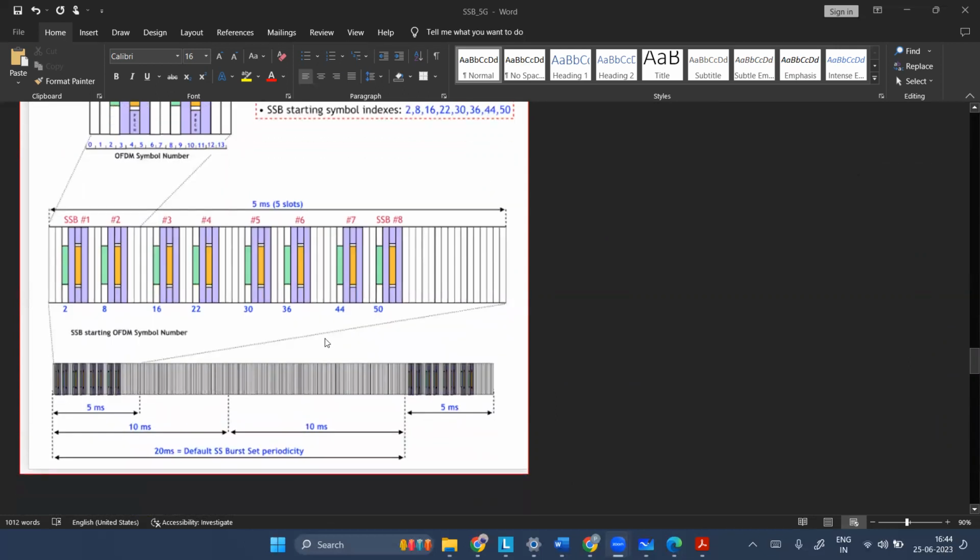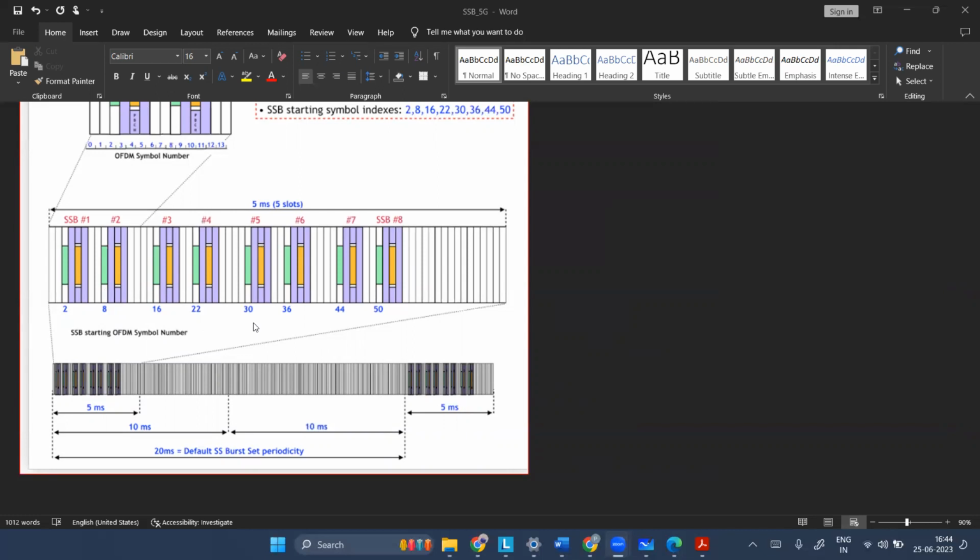As I have told you, it is not necessary for the eNodeB to send all the SSBs. The default periodicity, as you see here, is 20 milliseconds, and the SS burst occurs only once per period. It could be 8 or 6, 7, 4, 5 as per the eNodeB implementation, right? And here we are determining only the starting OFDM symbols.